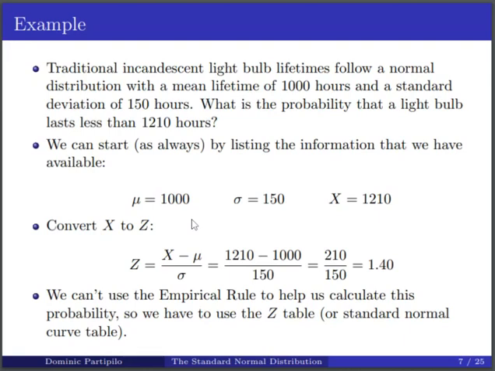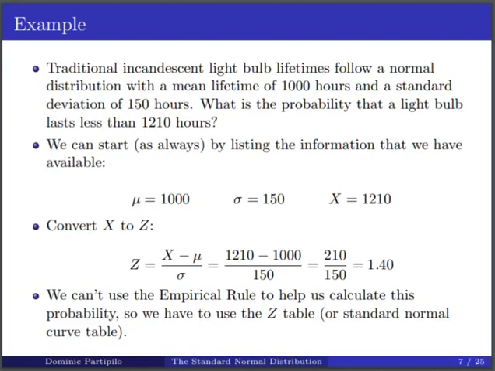Our first step is to standardize this value x. We want to subtract the mean from x, which is 1,210 minus 1,000, and then divide that by the standard deviation, which we determined was 150. If we do that, we end up with 210 over 150, which is 1.4.